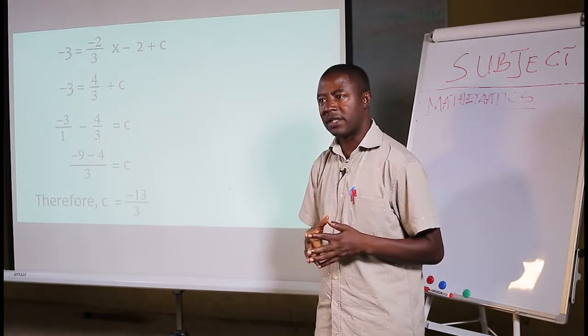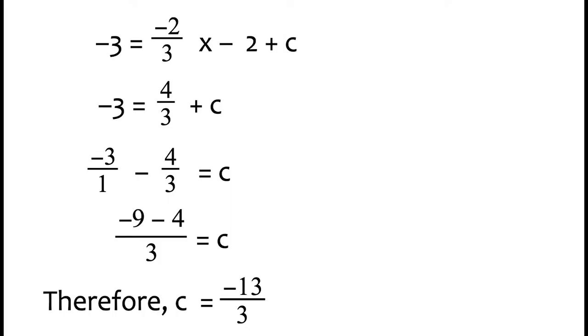When we find the LCM, we have 3 as our LCM. 3 divided by 1 is 3, and 3 times minus 3 is minus 9. 3 divided by 3 is 1, and 1 times minus 4 is minus 4.